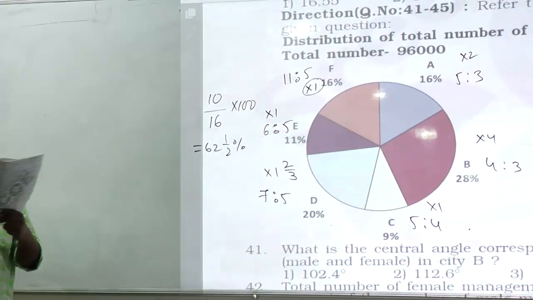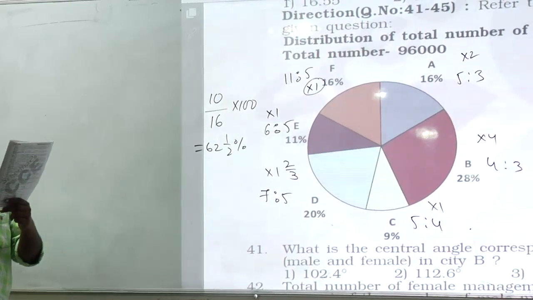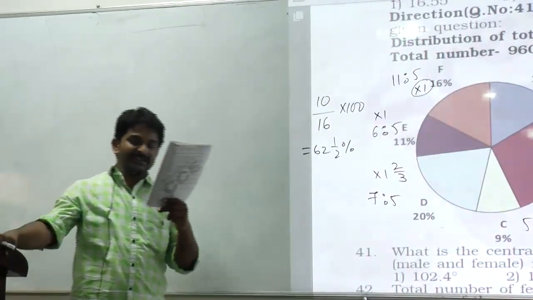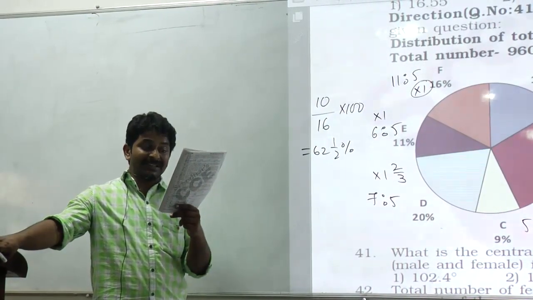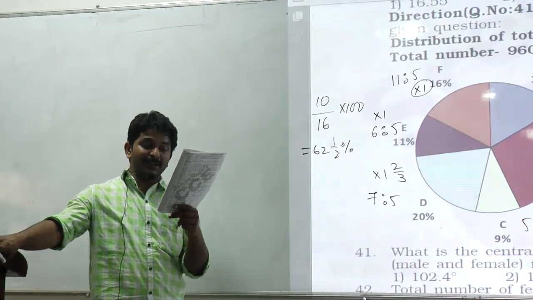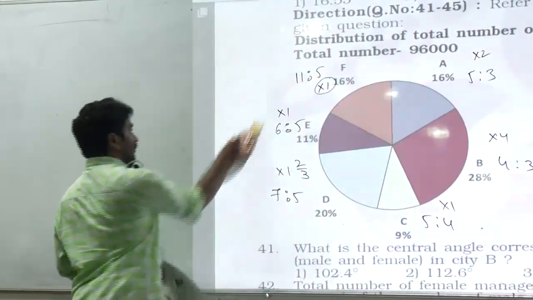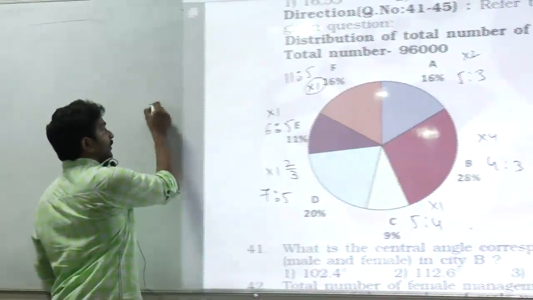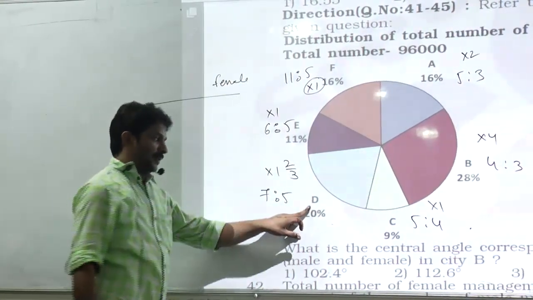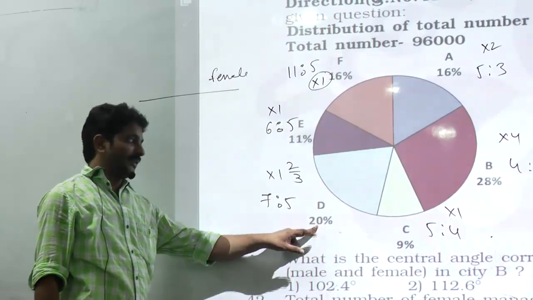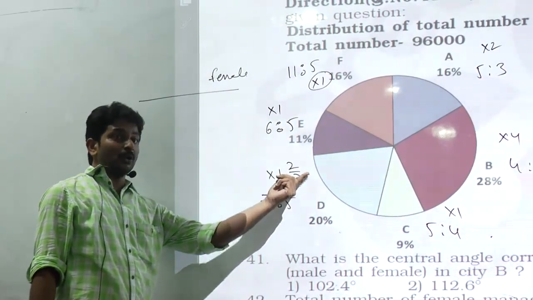Next. 43. Average number of male students in cities E and C together is what percent less than female management students in city D? Female from city D. Female city D 20%, 12 parts, and it is 1 2 by 3 times.